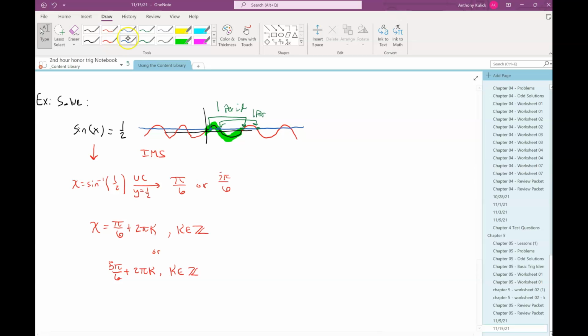What if we instead asked us to solve this for x's between 0 and 2 pi? So the same problem, we're just now asking to solve it between 0 and 2 pi.